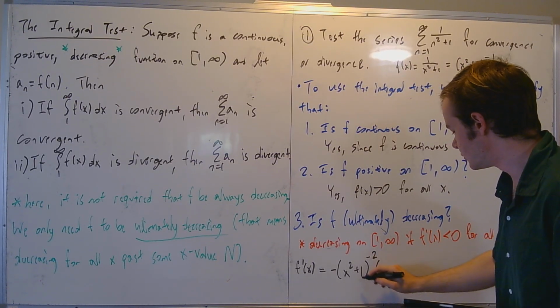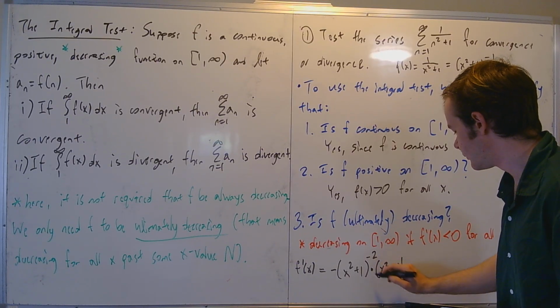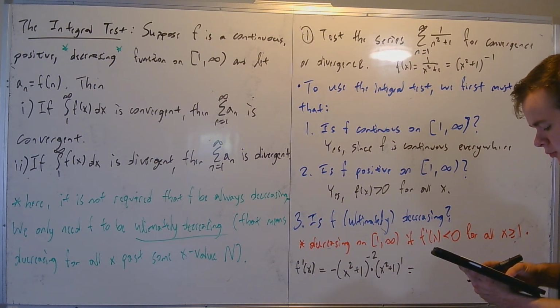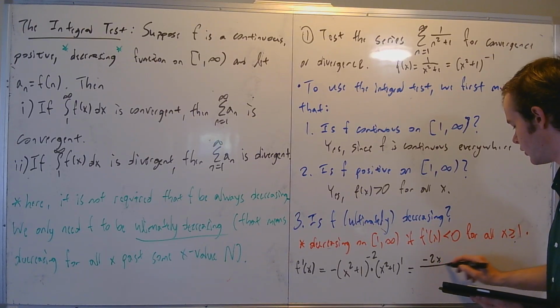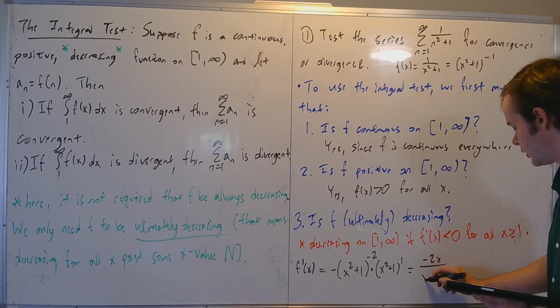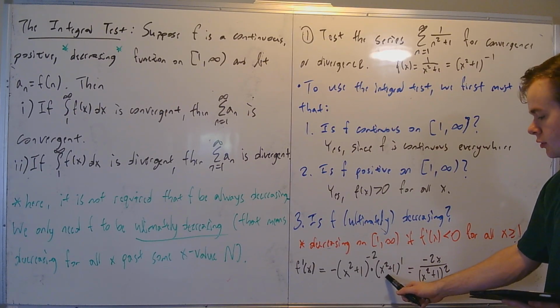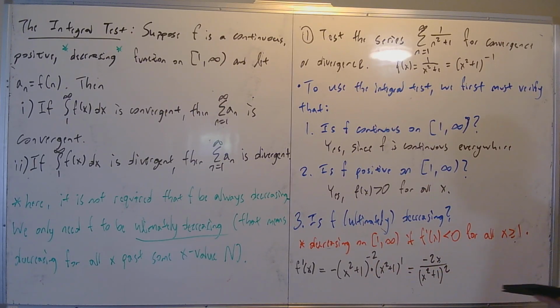And then we multiply by the derivative of the inside, x squared plus 1. The derivative of that is 2x, so we can rewrite this as negative 2x over x squared plus 1 squared. So this 2x became the numerator, and since this exponent is negative, we can pull this part into the denominator and rewrite it in this way.